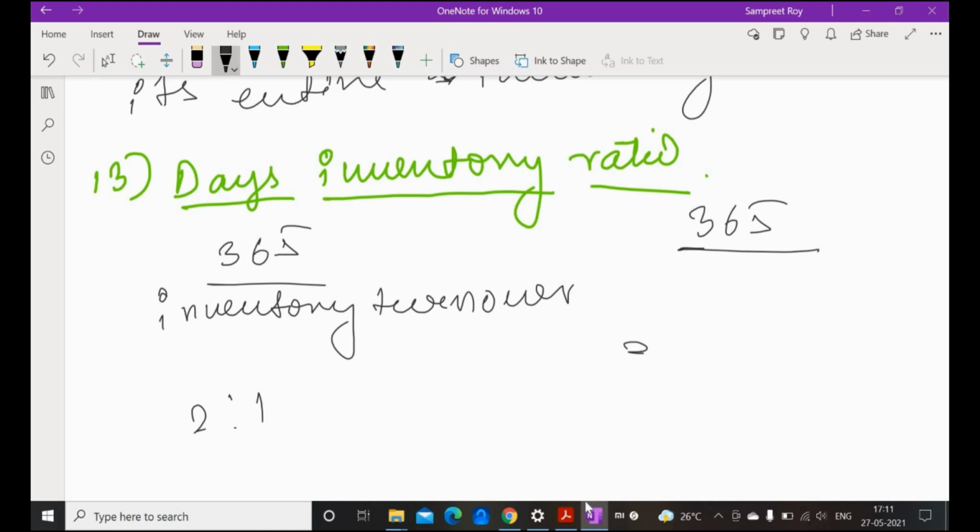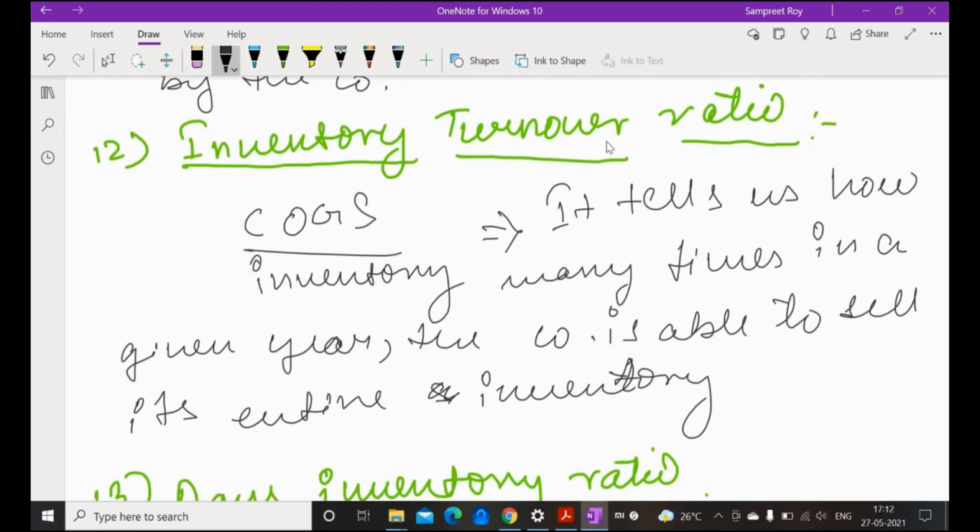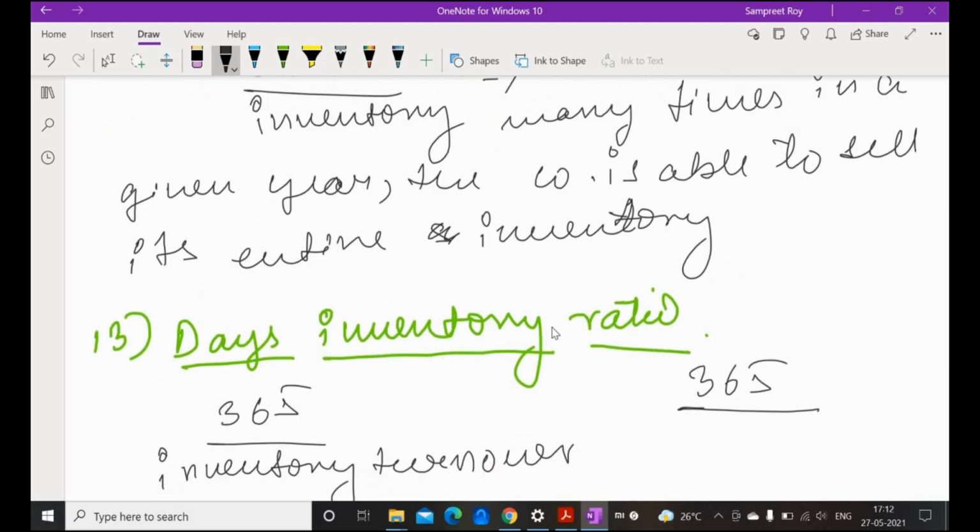In the earlier case, as we can see, inventory turnover ratio tells us how many times in a given year the company is able to sell its entire inventory. Now, if we want to devise the same thing day wise, in that case this ratio is used.